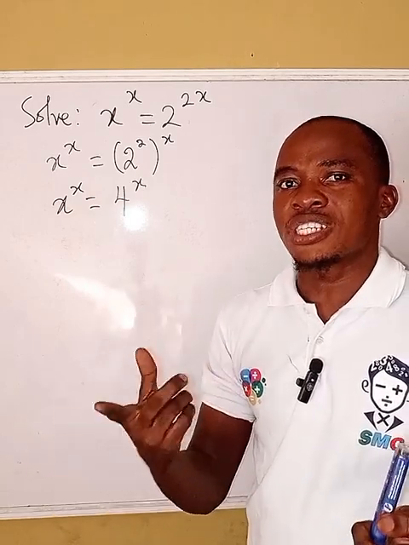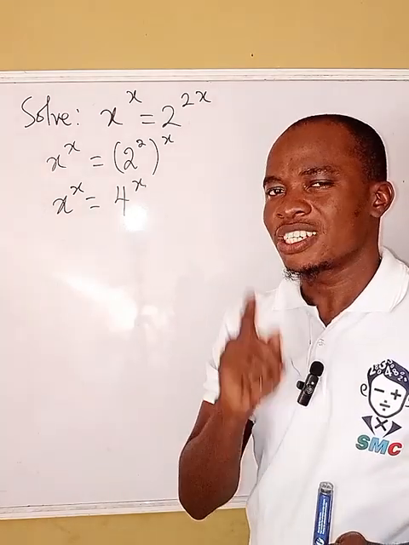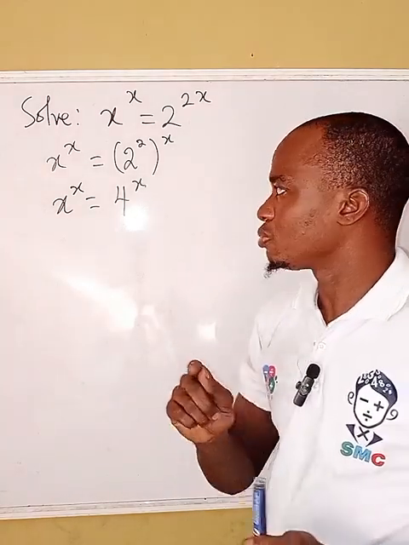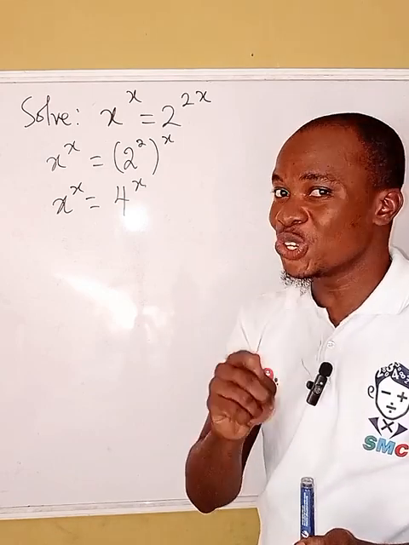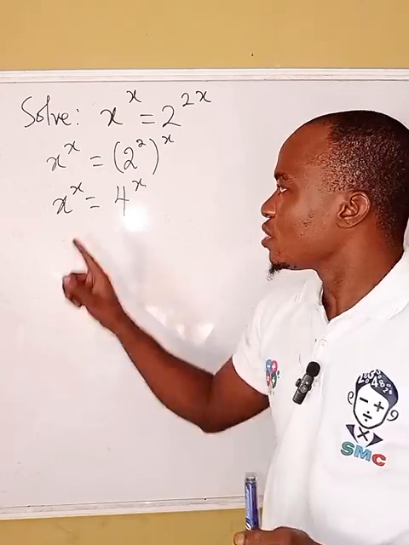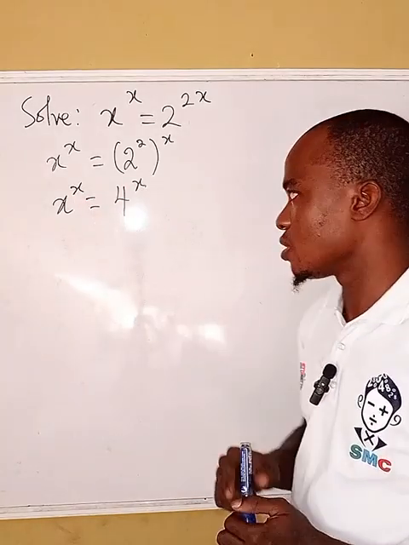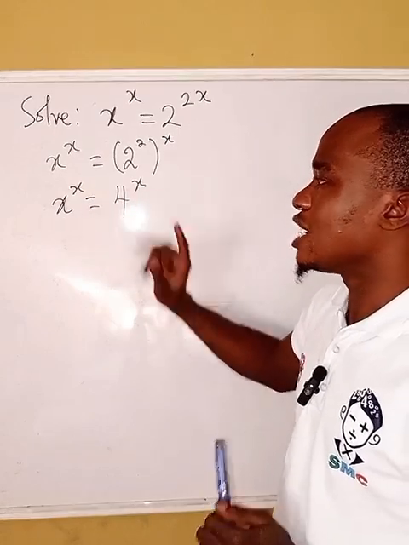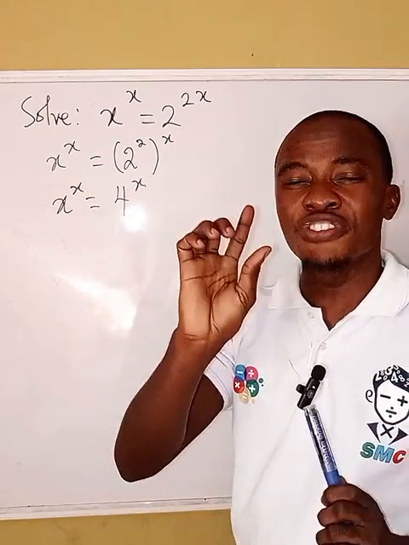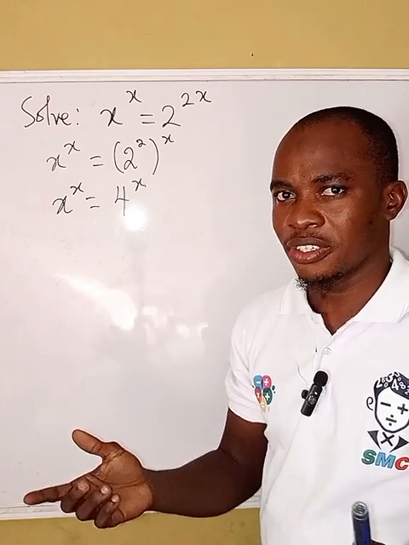It's not a constant or ordinary number. Always remember that if you are doing any form of cancellation, the base must be a constant. I repeat myself. Therefore, you are not going to cancel it. If you cancel it, you are just going to have one solution, and that is wrong.